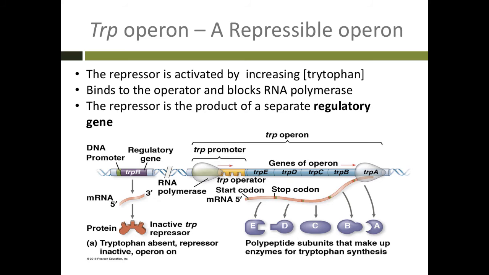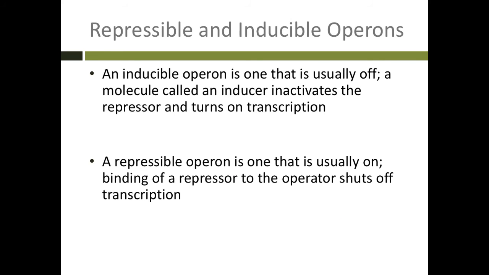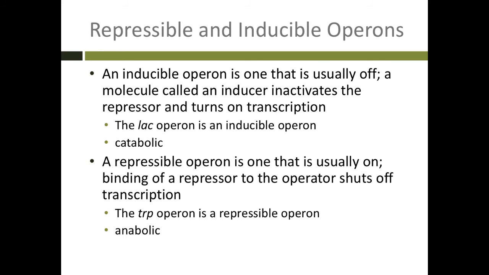When tryptophan levels fall back down again, it will no longer bind to the repressor, and the repressor will go back to being inactive, allowing transcription to proceed and more end product to be made. Inducible operons usually function in catabolic pathways. Their synthesis is induced by a chemical signal. Repressible enzymes, however, usually function in anabolic pathways. They are repressed by high levels of the end product.